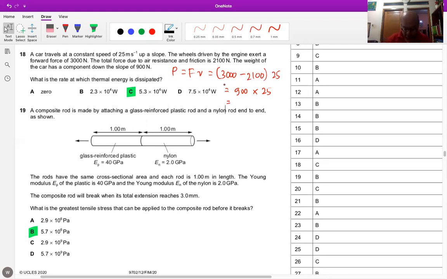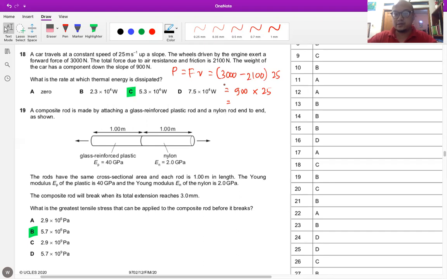910 times 25, it's like 22. Wait, we have the component down.